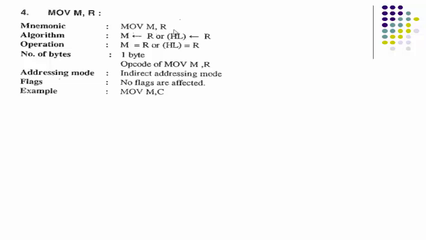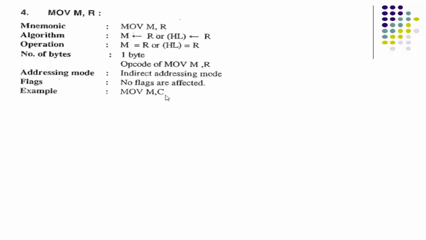In other words, data is indirectly copied into the memory pointed to by the HL register pair, or memory pointer M. There is no flag bit modification after execution.